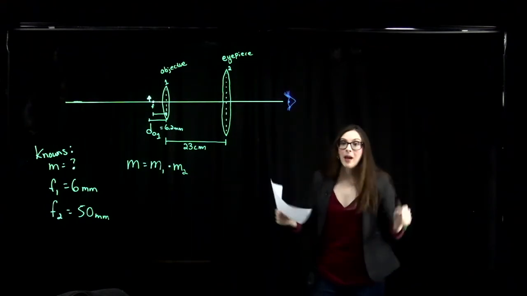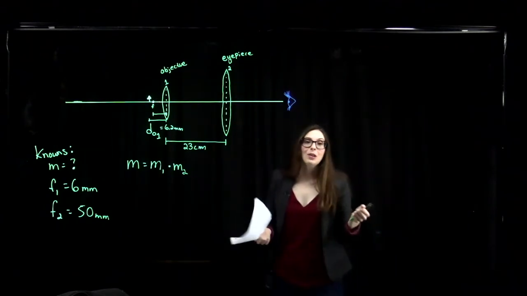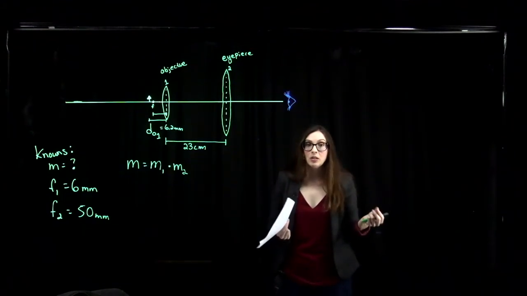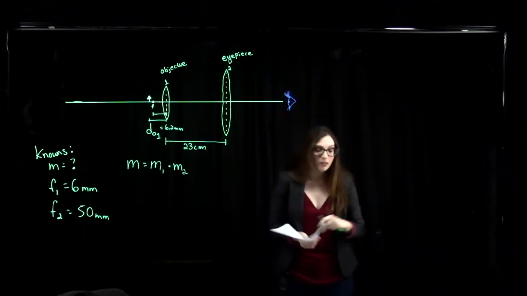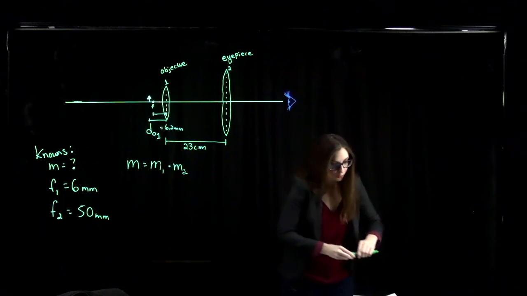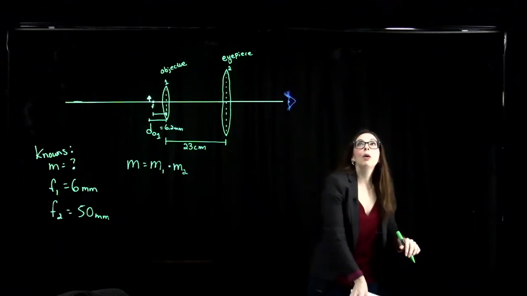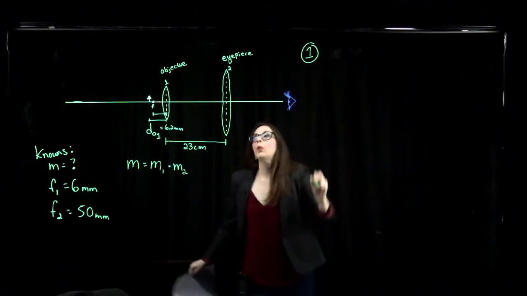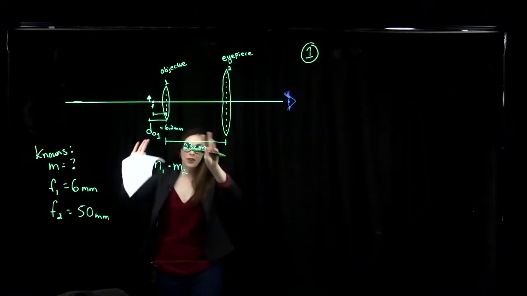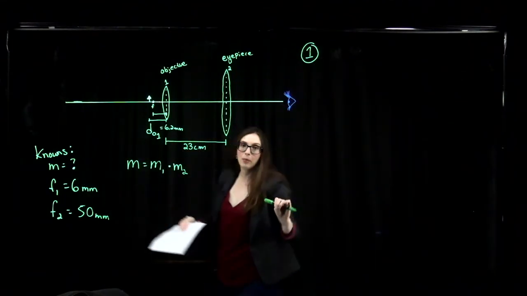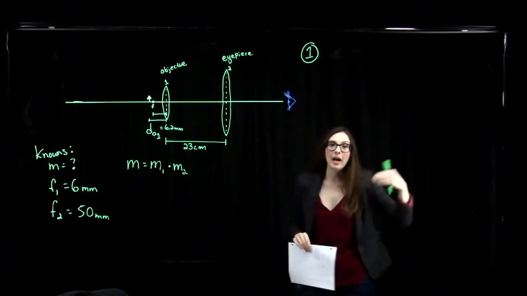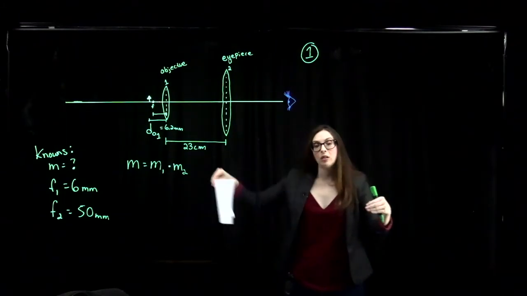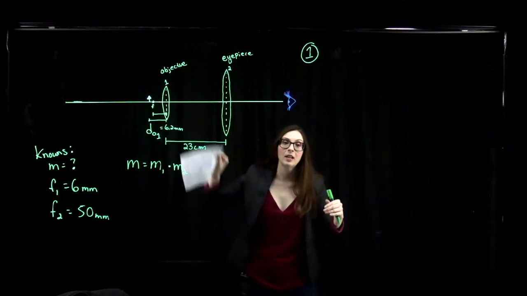In order to get the magnification, we have to learn something about the distance at which those images appear for each lens. Our first step, once we've identified our knowns and drawn a sketch of our problem, is to use the thin lens equation for our first lens.